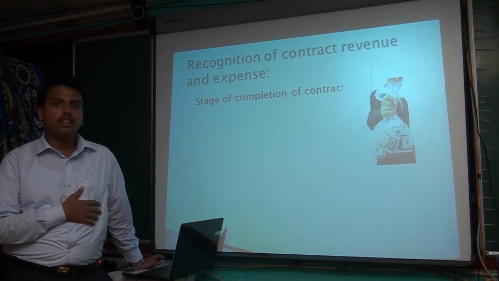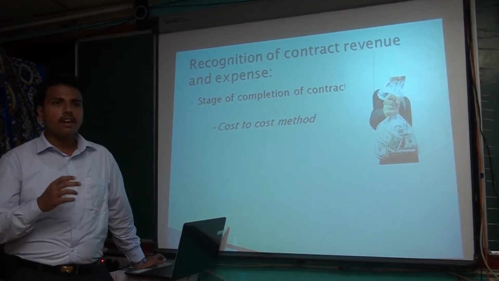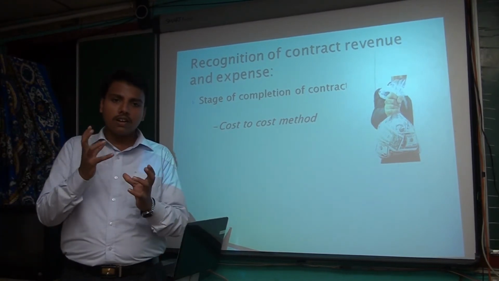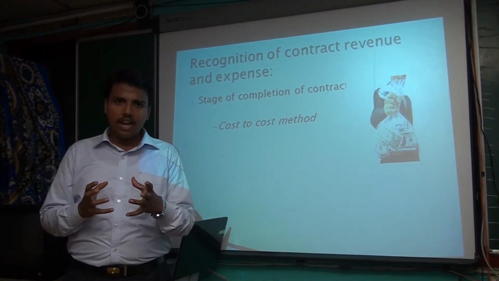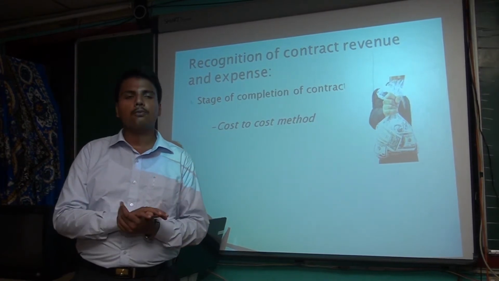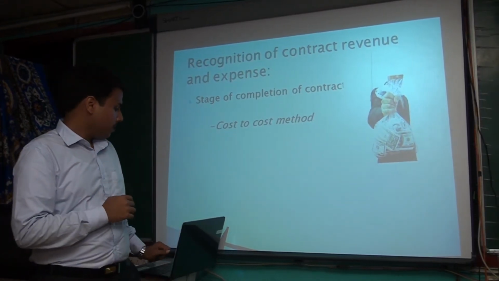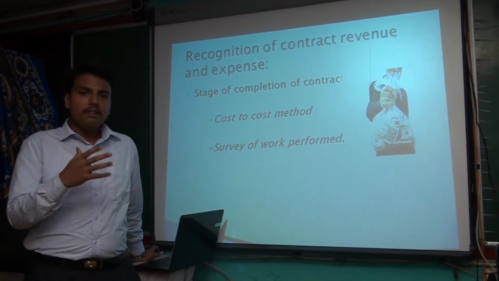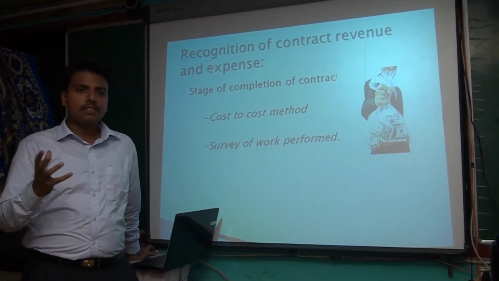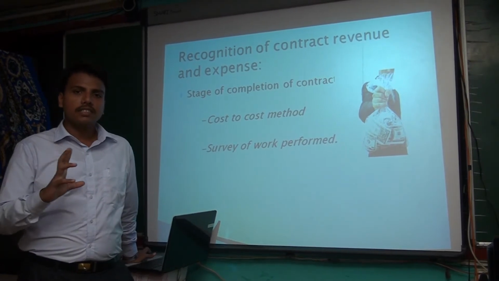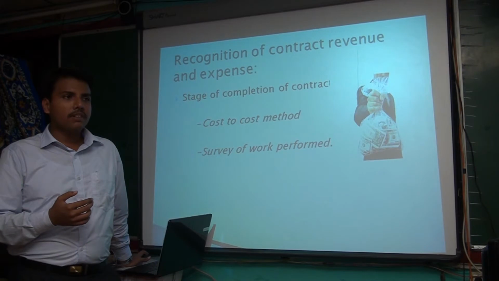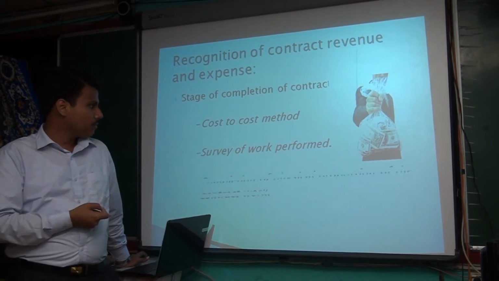The first one is the cost to cost method. Here, the contractor ascertains how much of the total contract cost is already incurred, and he recognizes that much of revenue. The second one is by survey of work performed. He may call upon an independent surveyor, and based on the survey report, he may recognize revenue to the extent of the performance of the contract. The third one is by physical proportion of the work performed.